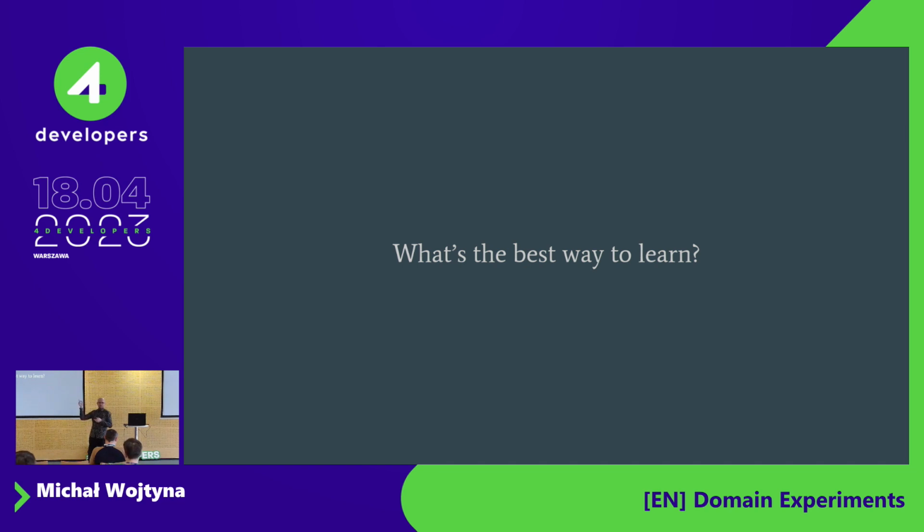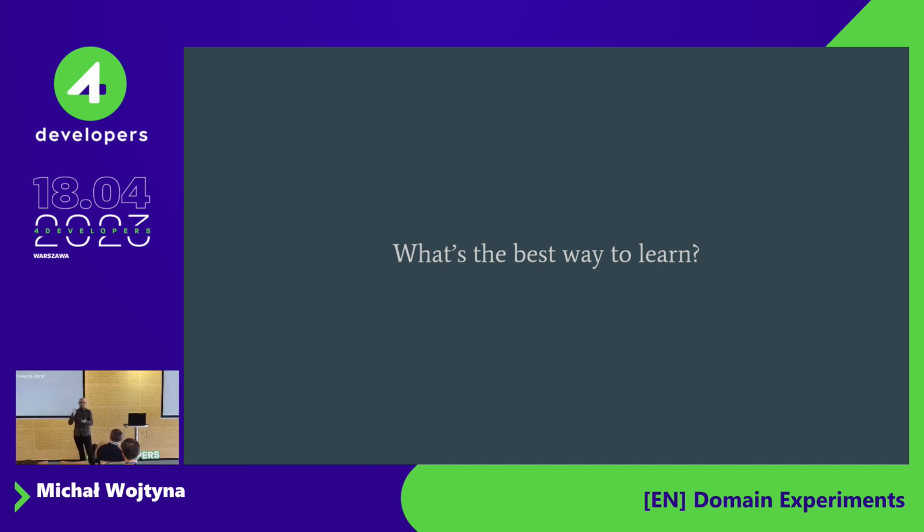There is a Kolb cycle of learning. Different people start from different parts of this cycle. Sometimes people prefer to first understand, then try. Sometimes they prefer first to try and then to understand. But from my experience, we developers usually learn best by trying something.